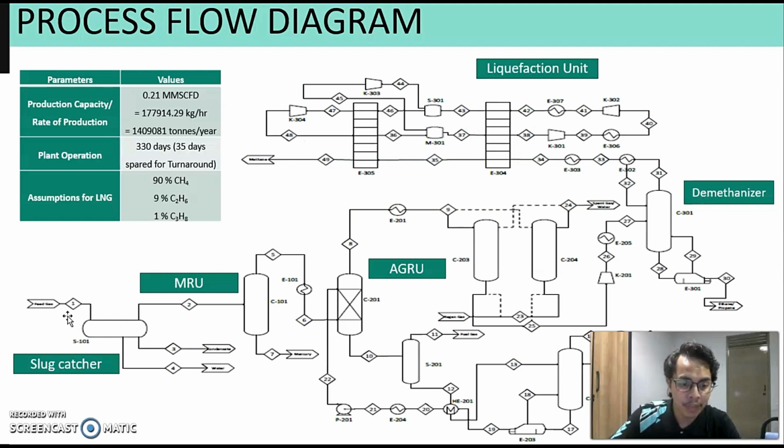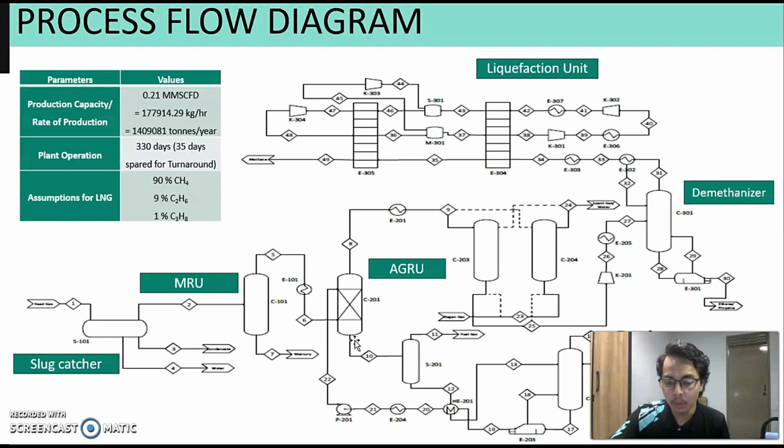From the feed inlet, firstly, we will go through the slug catcher, where condensate and also water will be majorly removed from the natural gas, and the natural gas will proceed to the next unit, which is MRU, mercury removal, where mercury will be removed. Then it will proceed to the next major unit, which is AGRU, acid gas removal, where CO2 and H2S will be mainly removed.